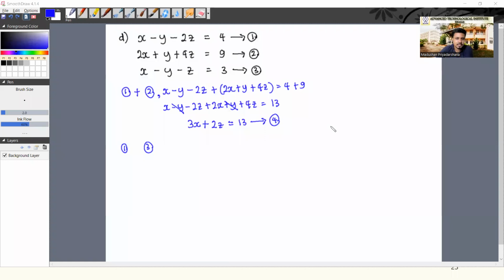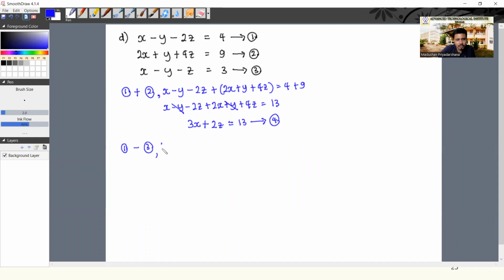Bhagya is also saying that we need to deduct, 1 minus 3. We do not look at plus or minus itself, we look at whether the signs are similar or different. Here we have minus, here also we have minus. So the signs are similar, therefore we need to deduct.